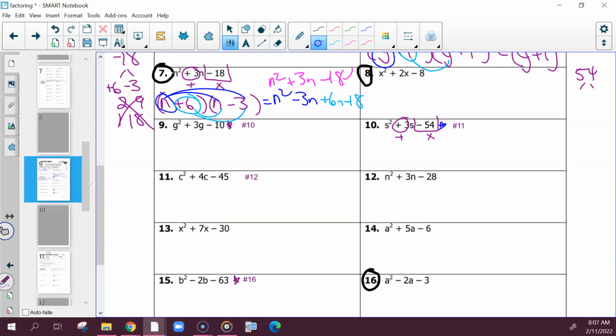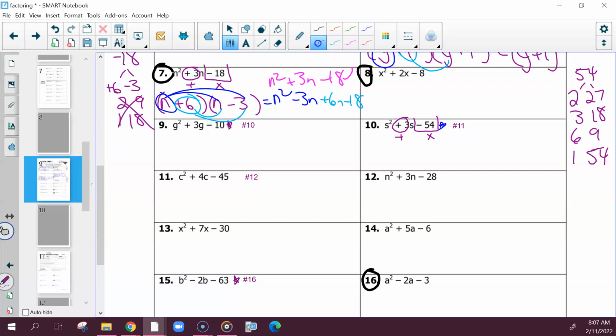2 and 27. 3 and 18. 6 and 9. And then 1 and 54.